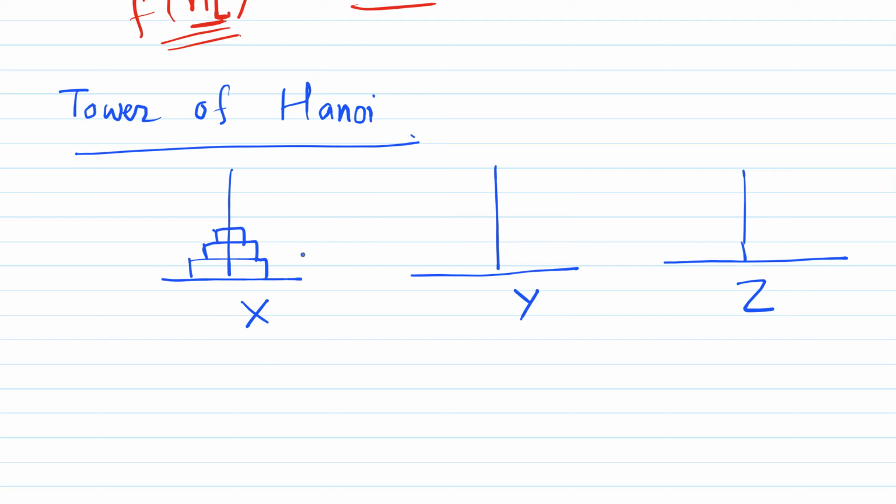And you have to transfer all the disks from X to Y. So this is source, this is destination. And you are allowed to use this third tower also. This will be the helper tower.